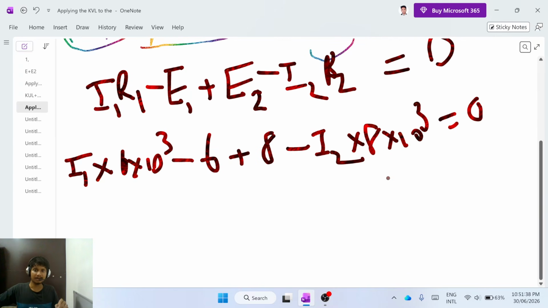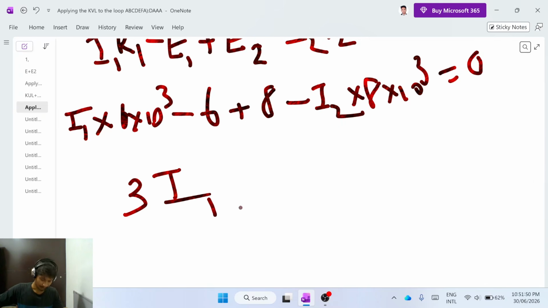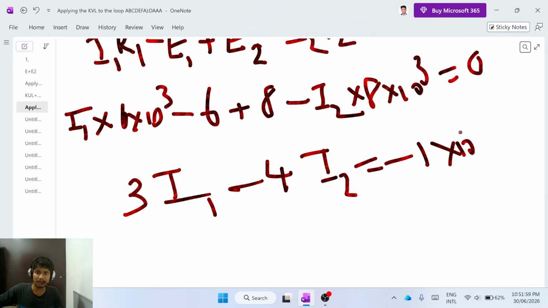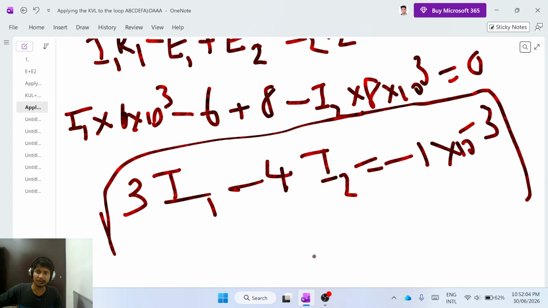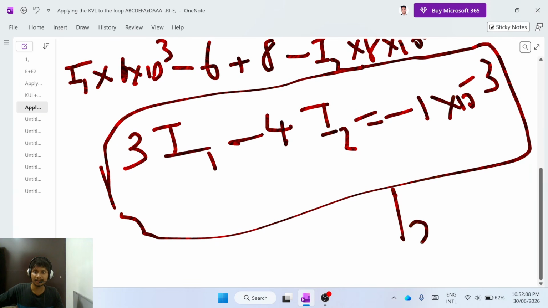Summarizing, finally you will get 3I1 minus 4I2 is equal to minus 1 into 10 to the power minus 3. I name this the second equation.